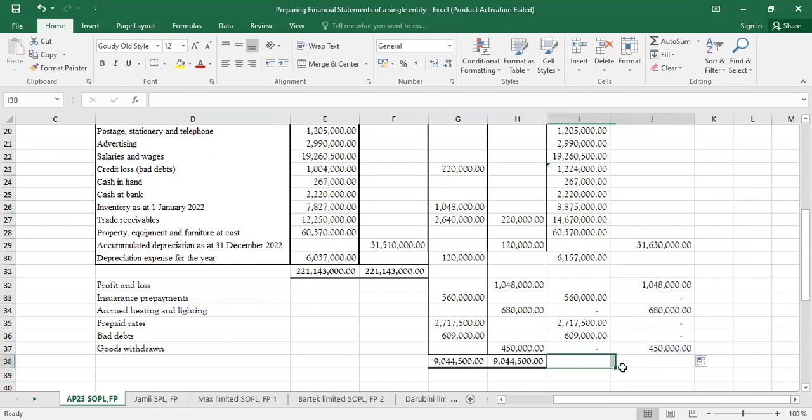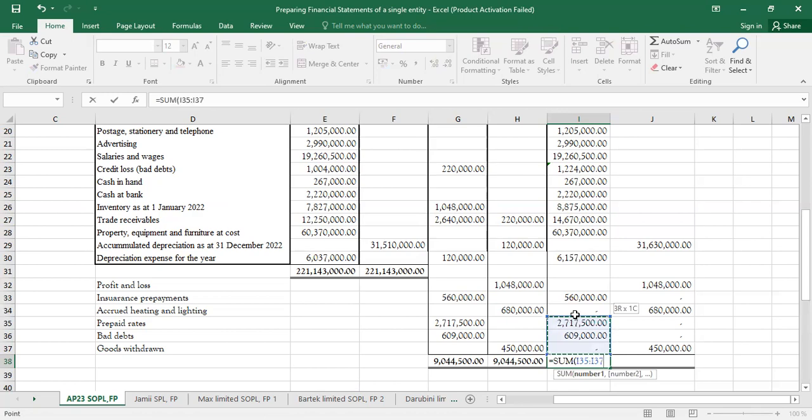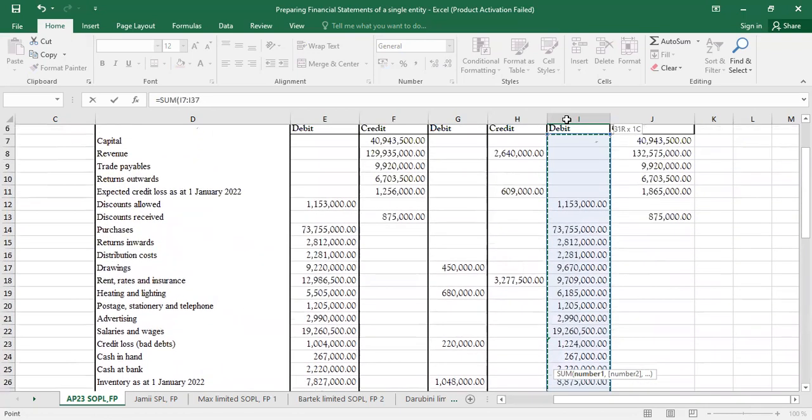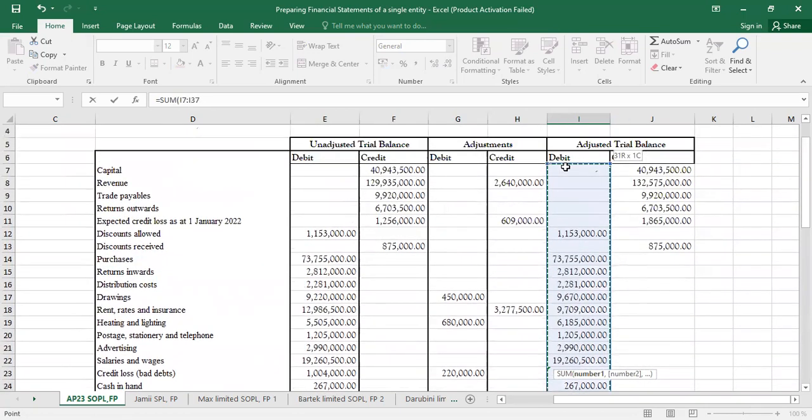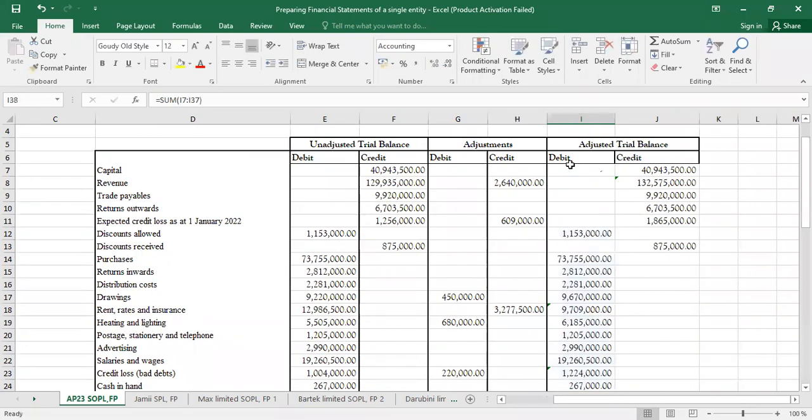Then I'll come now to get the totals. I start with Alt HPU to put the borders like that. Then I do equal sign, sum, I press tab, and I check the whole data, up to there. I do Control Enter.